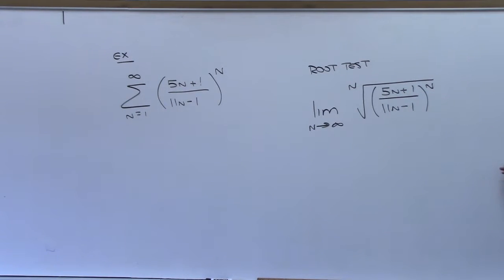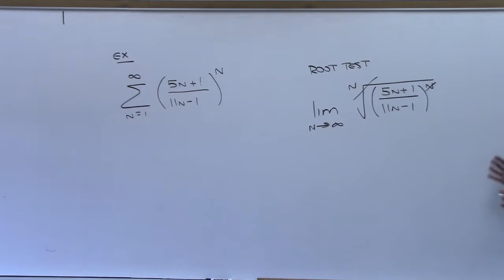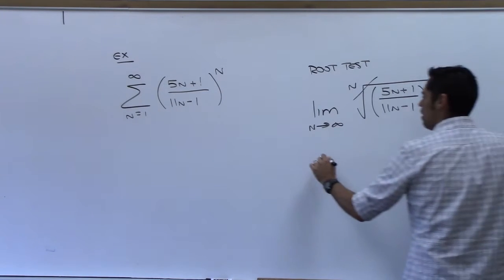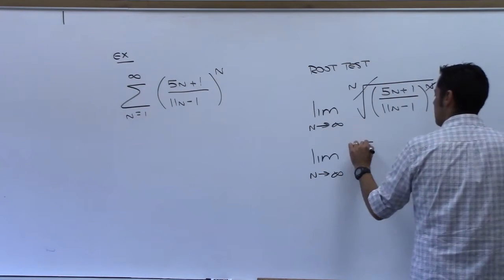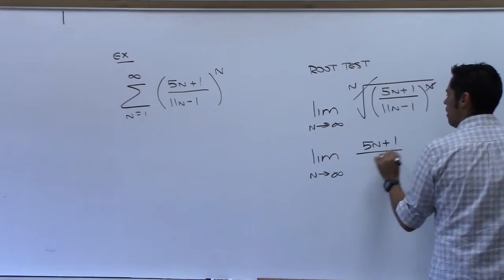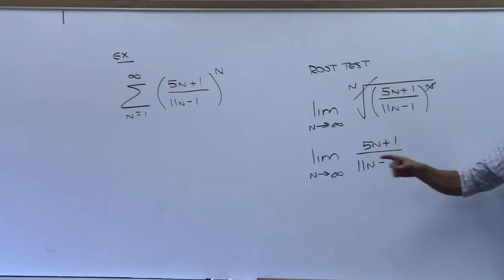And do you see the usefulness of this? Yeah, the nth root of nth power, those basically kill each other off. So the nth root and the nth power go away. So you have the limit as n goes to infinity of (5n plus 1) over (11n minus 1). And remember, we're doing a limit here, right? We're not doing a sum.